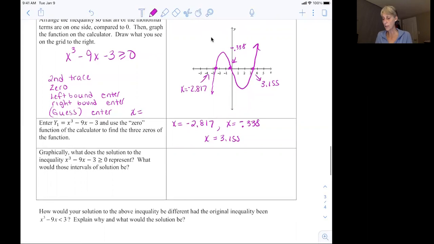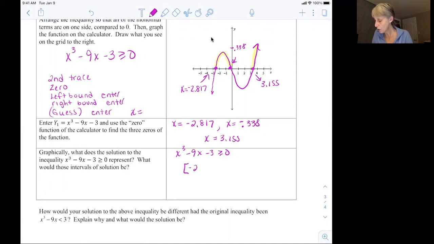Now, graphically, what does the solution to that inequality represent? How would we choose our solution now? If we want to identify where this graph is greater than or equal to 0, all we have to do is look at the positive intervals. You could set up a number line if you want, but we really want to just identify.